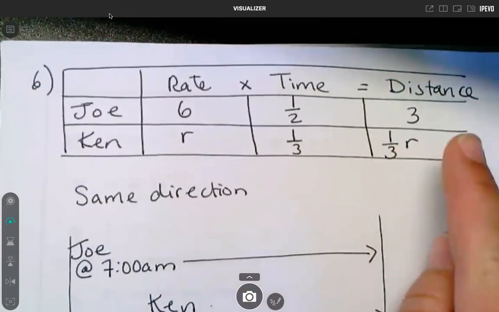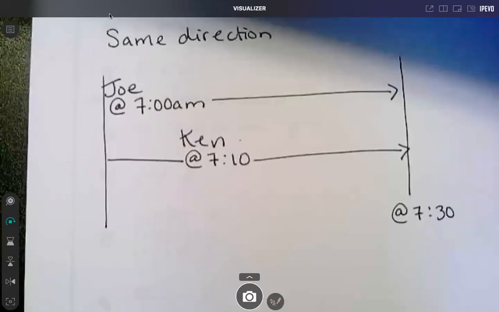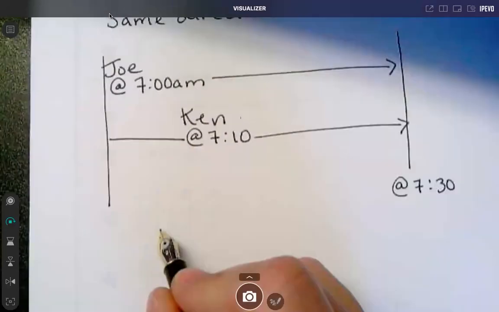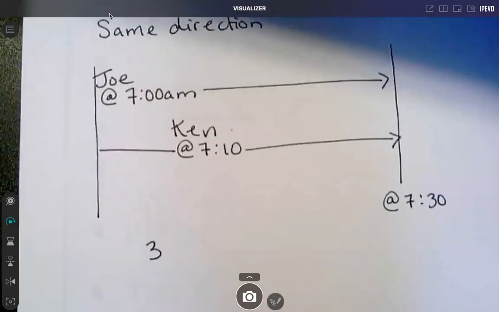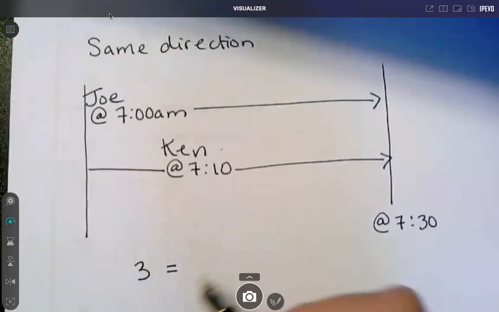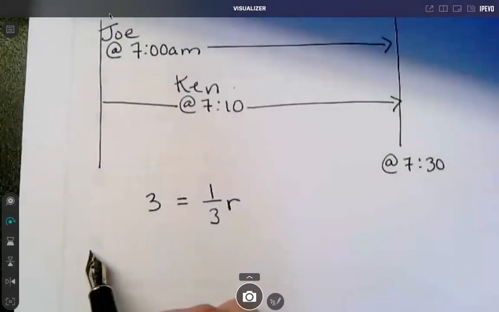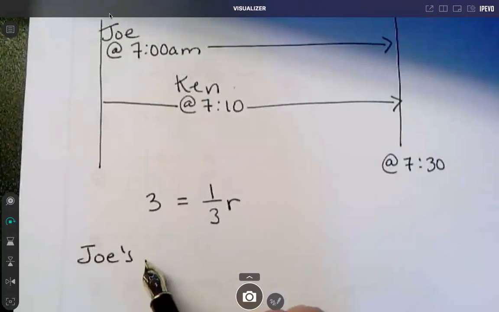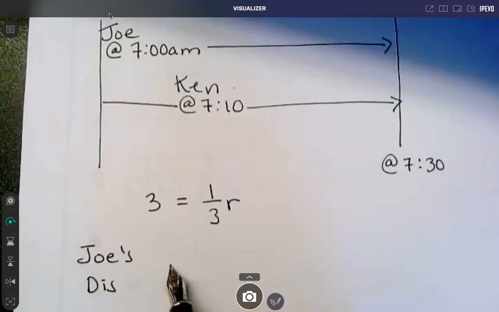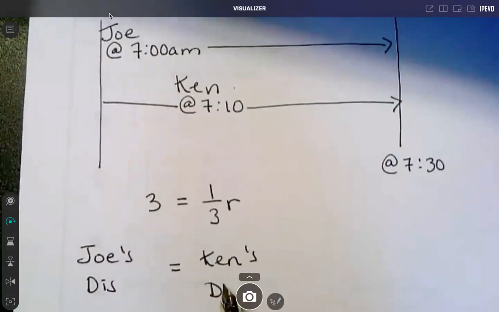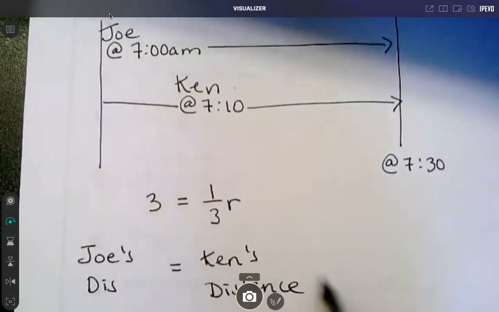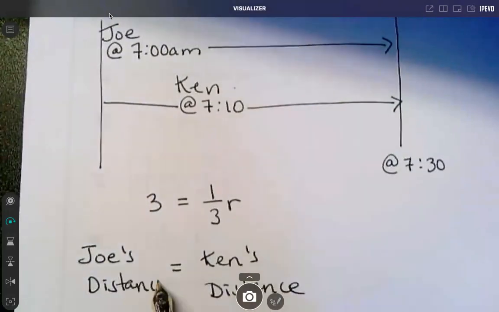So we already solved it, but we're going to pretend we didn't know. So Joe's distance equals Ken's distance. Yeah, they ran the same distance. So you just solve for R.